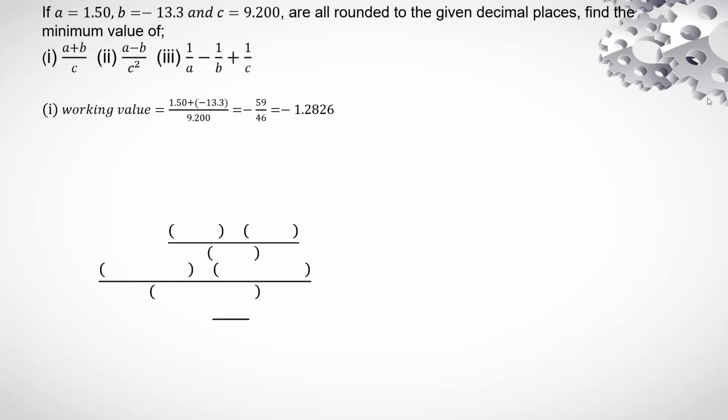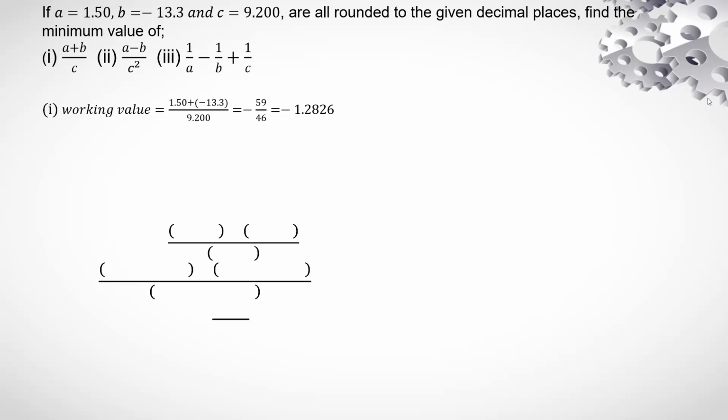How is this helpful? If, for example, I asked you for the minimum value, it's going to help you know how to manipulate this information to obtain the minimum value, or the maximum value. Our working value is negative 1.2826.